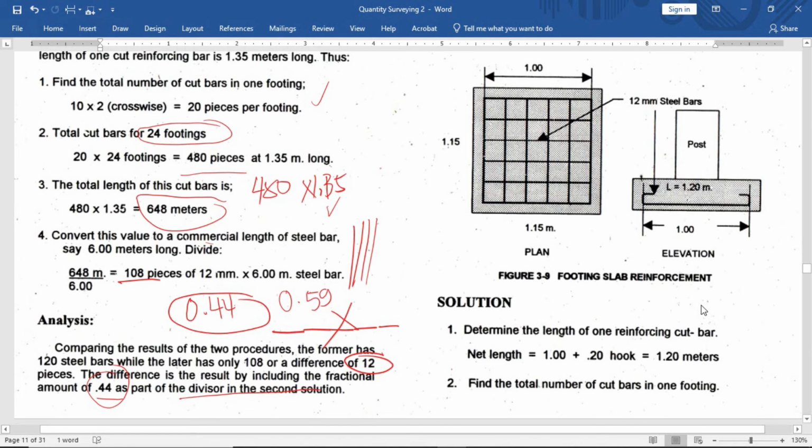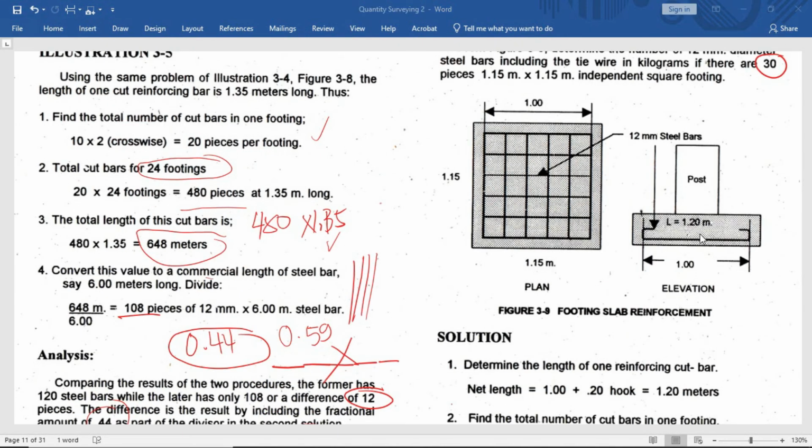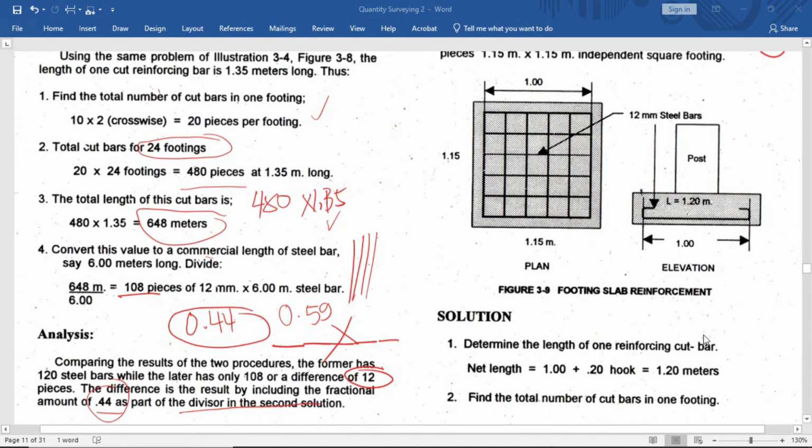Determine the length. So, sa problem na to, merong hook yung bars natin.